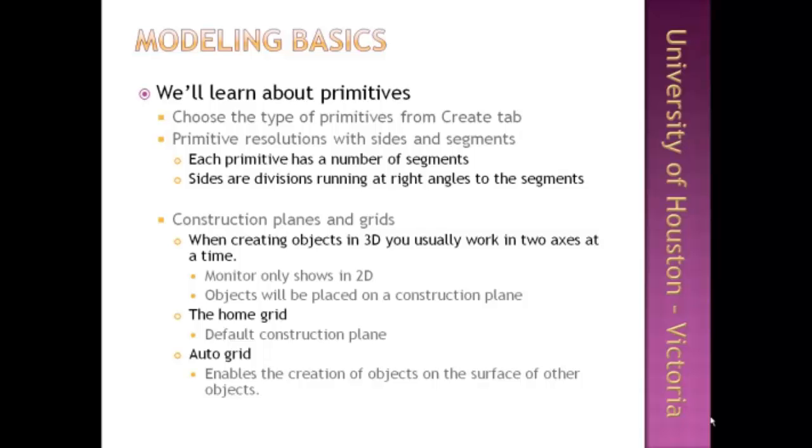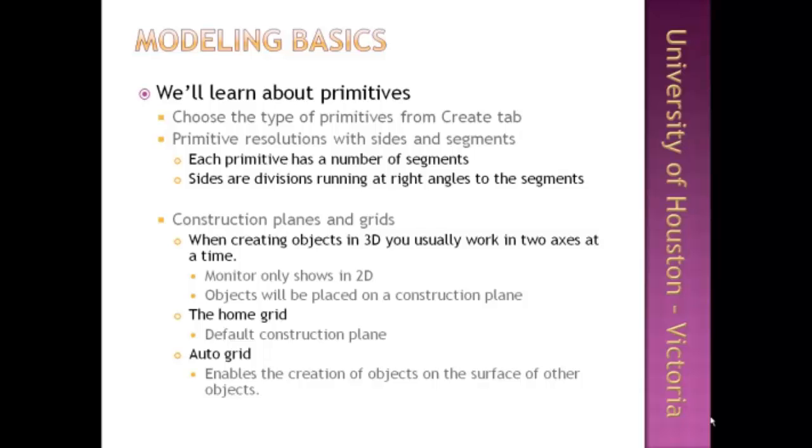So if you design in the top viewport, the cylinder can be created so that it sits on the XY construction plane and the base of the cylinder is at the coordinate of 0. Notice that you cannot move the home grid, since it's the world coordinate system, and you can't base the home grid on other parts of the scene. However, you can create other kinds of grids.